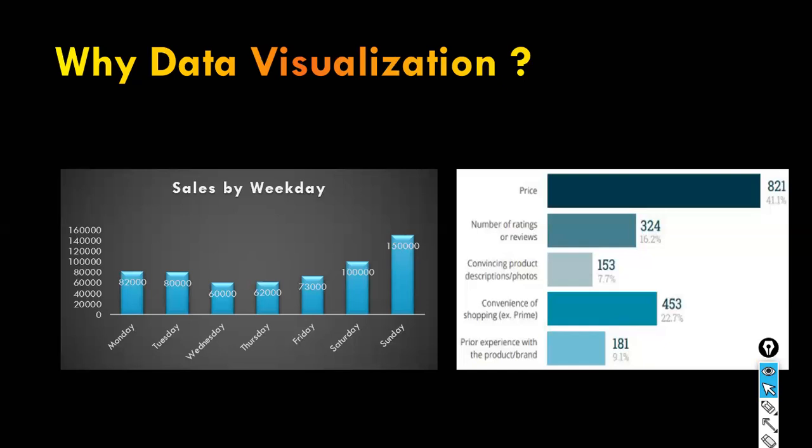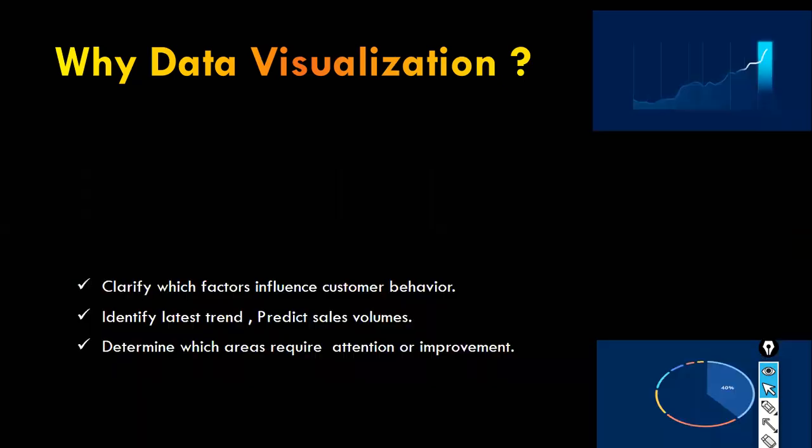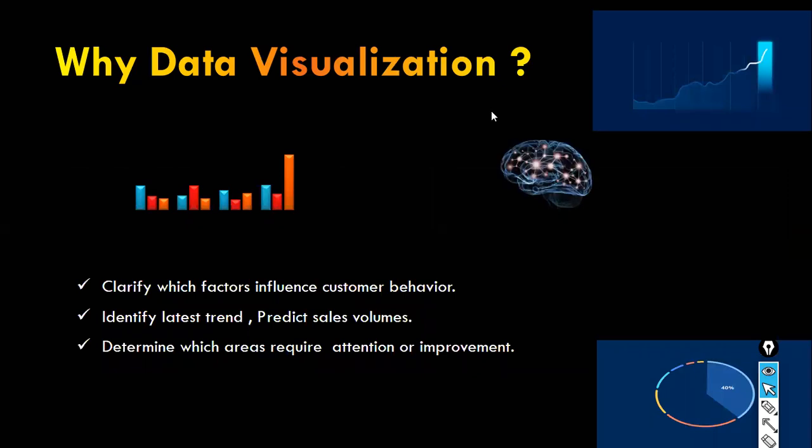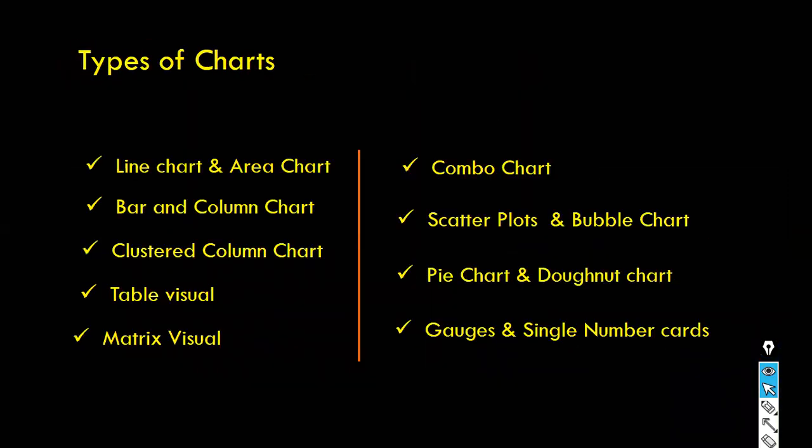Okay, so now with this, you understood the importance of data visualization. The next one is the types of charts. There are different types of charts available, not only in Power BI. If you take any statistical tool or reporting tool, you can see a variety of charts are available.